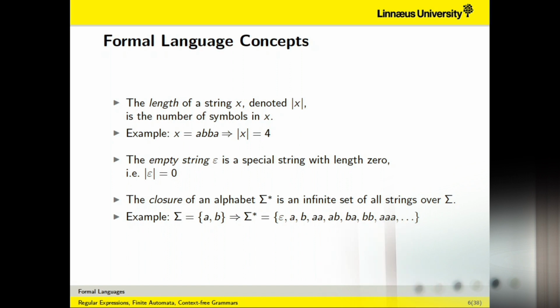And then we also have the concept of closure of an alphabet, and the closure is all the possible different strings in a language. So it's an infinite set of all strings over the alphabet that you have. For example, as I said, if you have an alphabet composed of only two symbols, the closure is all the possible combinations of strings that can be formed by combining A and B, okay.